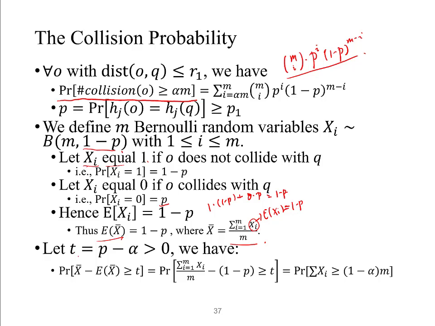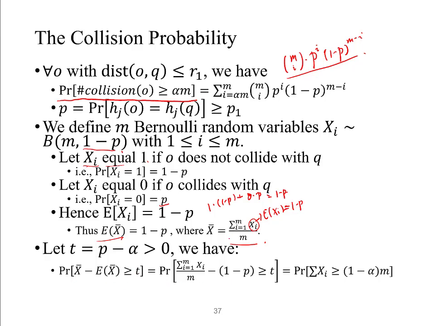Now we define t equal to p minus alpha, and then we have the probability that the mean of X minus the expectation of the mean of X is greater than or equal to t.